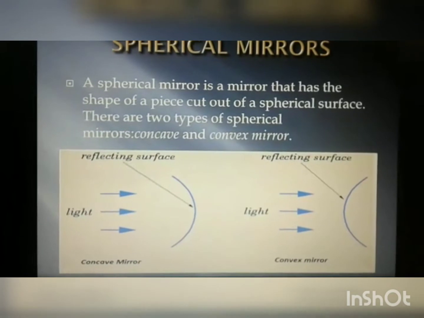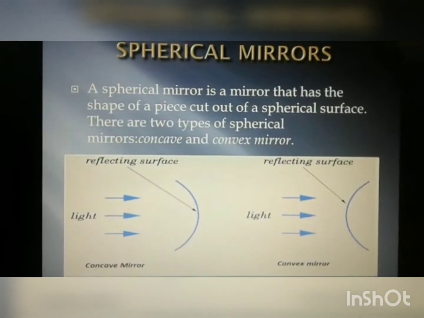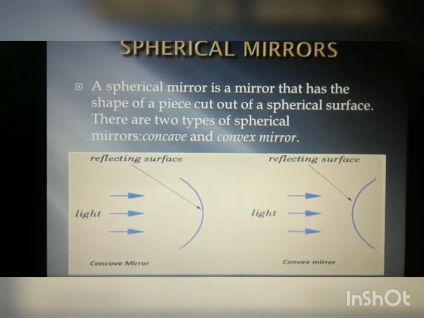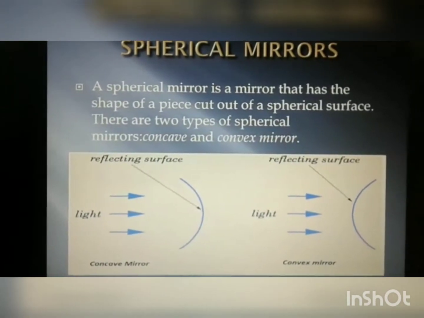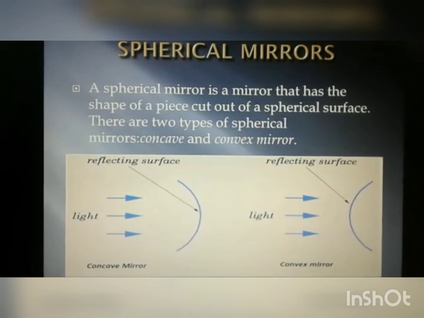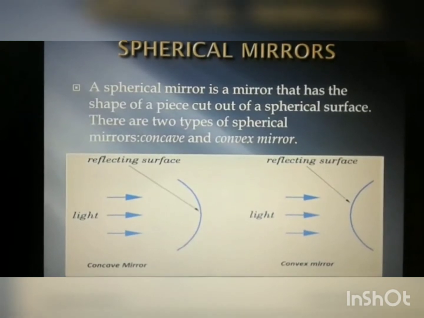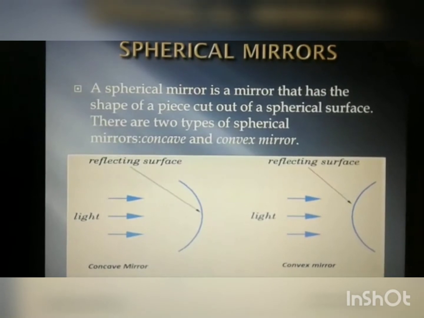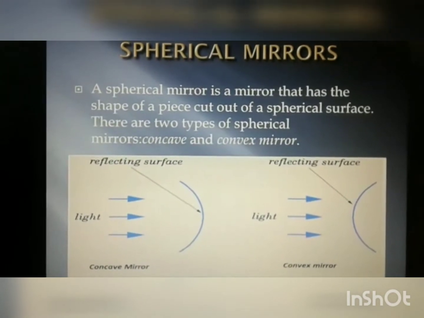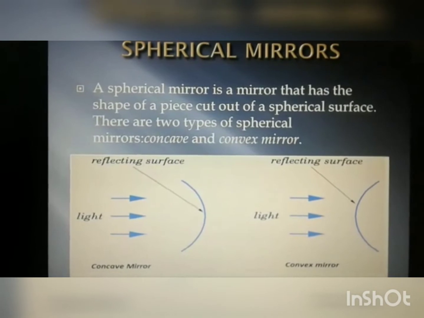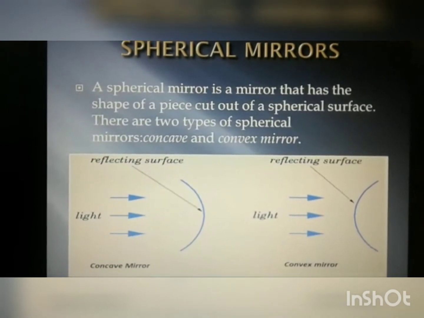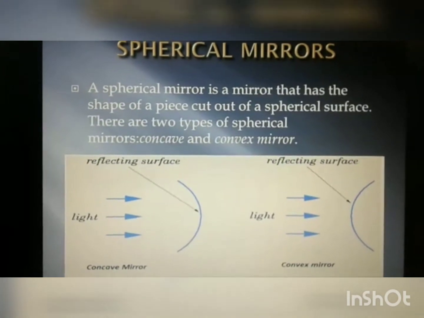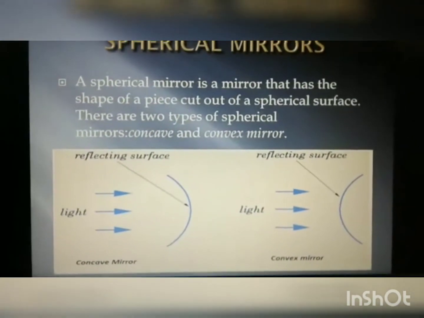Now listen students, the curved surface of a shining spoon could be considered as a curved mirror. The most commonly used type of curved mirror is the spherical mirror. The reflecting surface of such a mirror can be considered to form a part of the surface of a sphere. Such mirrors whose reflecting surfaces are spherical are known as spherical mirrors.